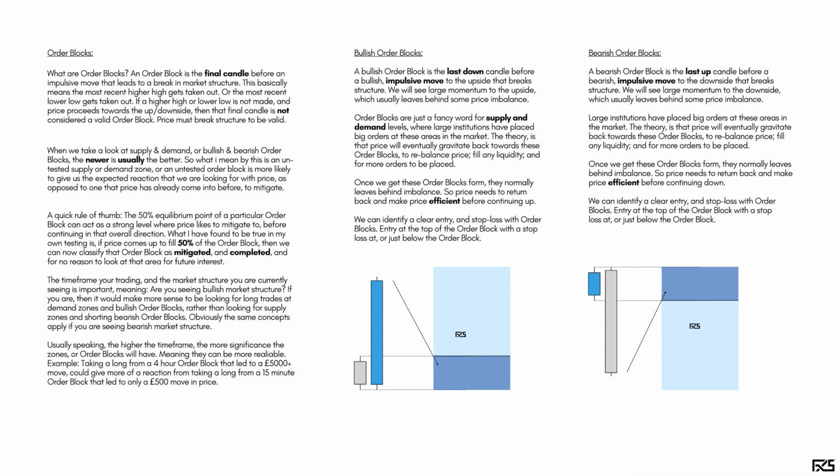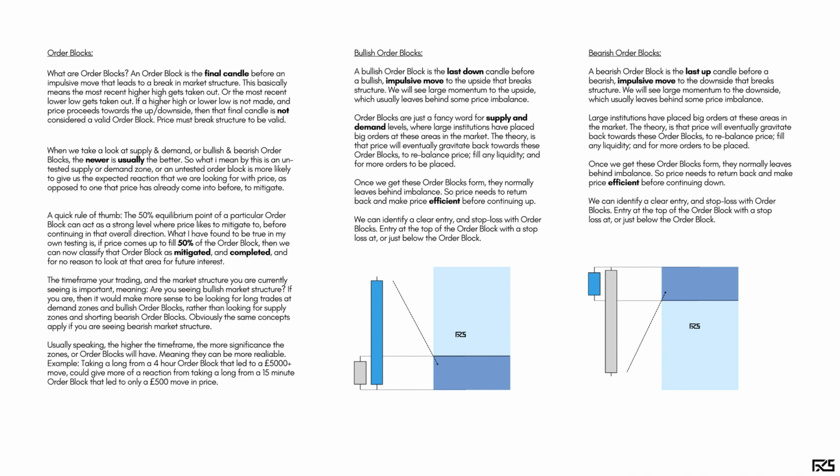So what I mean by this is an untested supply or an untested demand zone, i.e. order block, is more likely to give us the expected reaction that we're looking for with price, as opposed to one that price has already come into before to mitigate. We may not see that reaction we're looking for, or it's less likely we will.